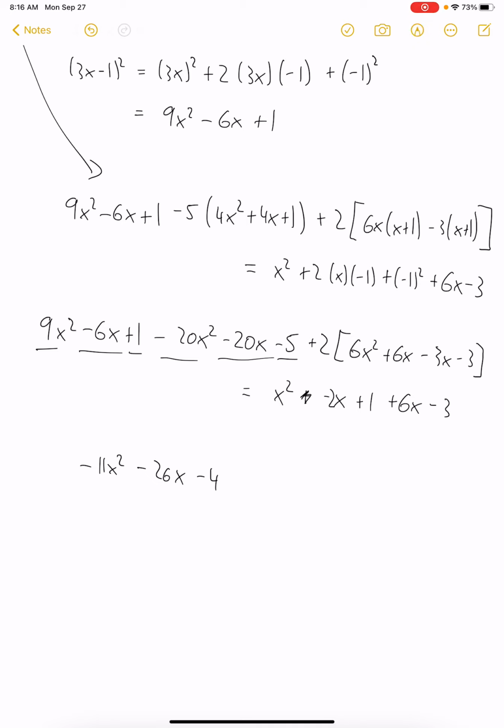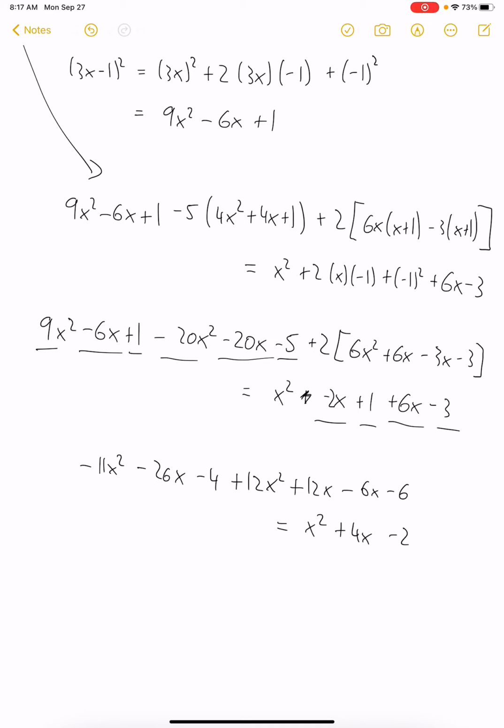And then we multiply out the bracket, so we have plus 12x² + 12x − 6x − 6, and this is equal to x². Then we have −2x + 6x, which is +4x, and 1 − 3 is −2.